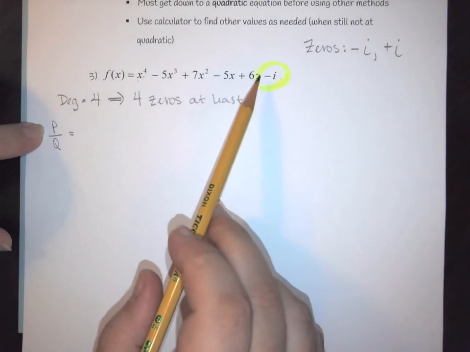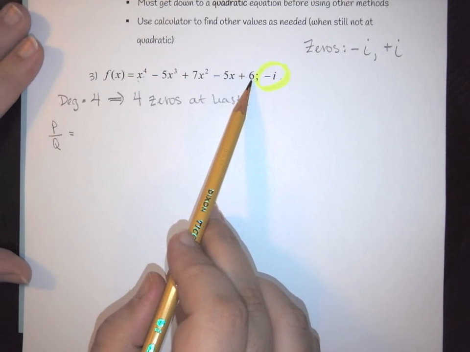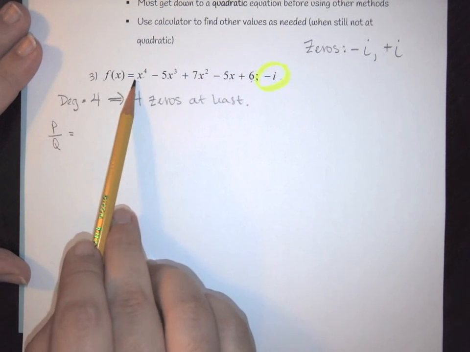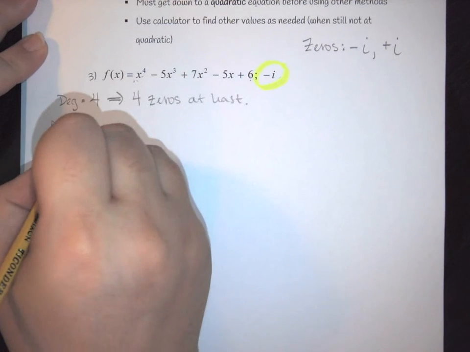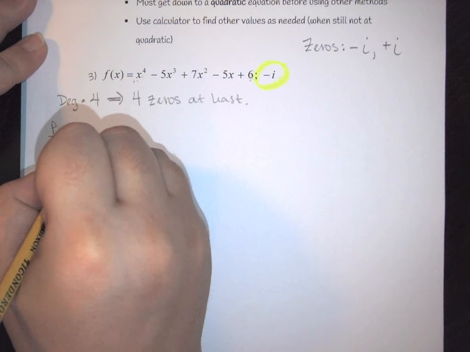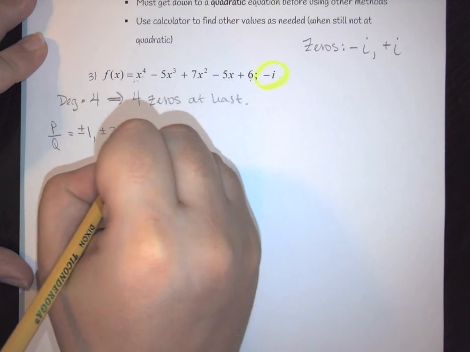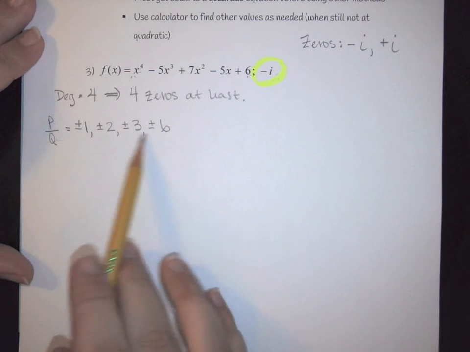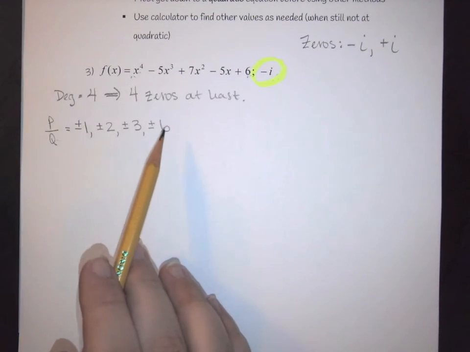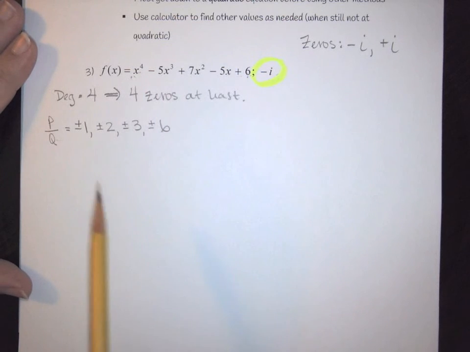So when we're talking about p, we're talking about factors of 6. And when we're talking about q, we're talking about factors of 1. And so here, my p over q is going to end up being plus or minus 1, plus or minus 2, plus or minus 3, plus or minus 6. So all of these are possible factors that could be used in order to find zeros of this term.